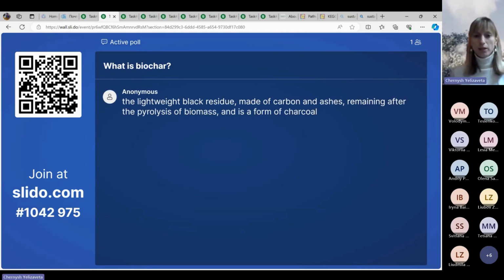So as I mentioned, we can get this type of product from pyrolysis of biomass. It can be called a form of charcoal. Most of all, it has very good sorption features, so it's useful in remediation processes as a matrix material. Some other opinion or some additional opinion?